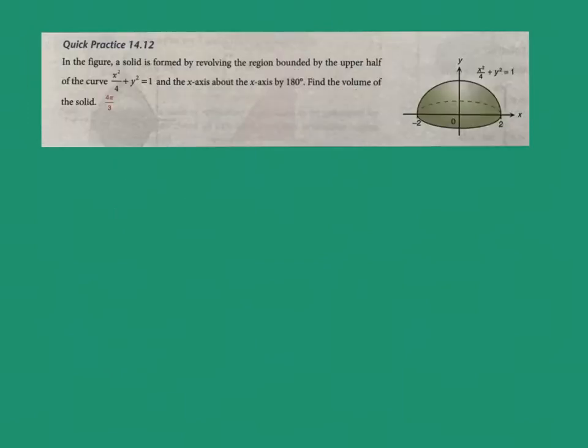Now let's look at the second example. Again, we want to find the volume of the solid, but this time a bit different. We want to revolve the figure about the x-axis by 180 degrees first. That means not a complete revolution. So we just apply the formula first, and we integrate the curve from x equals -2 to 2, because we want to use dx at the back.